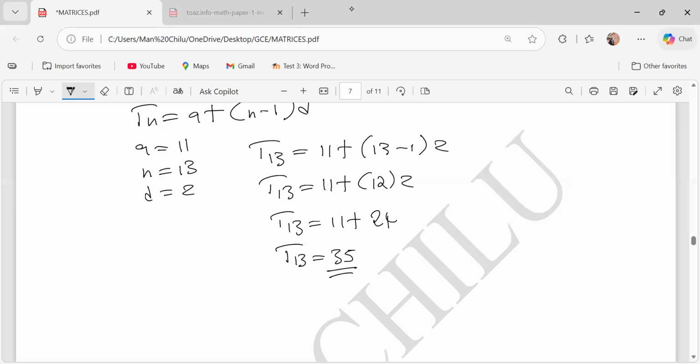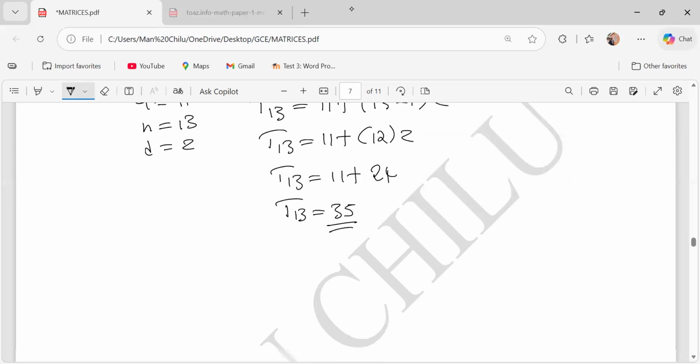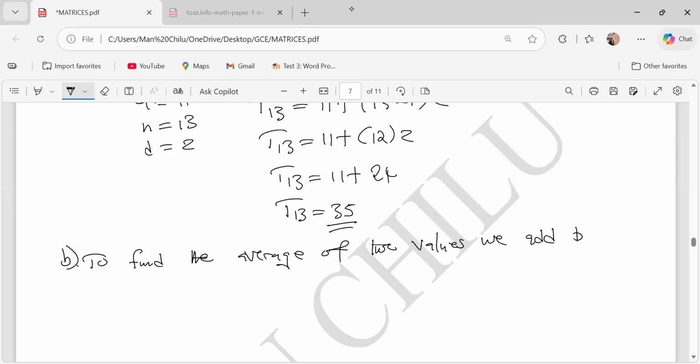So you have to take note that to find the average of two values, we add both values and divide by 2.